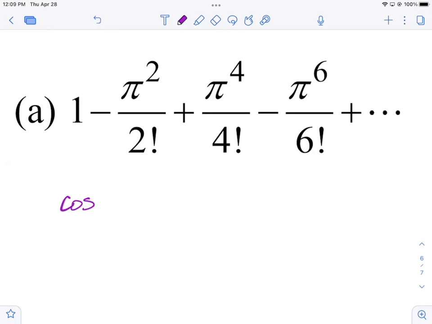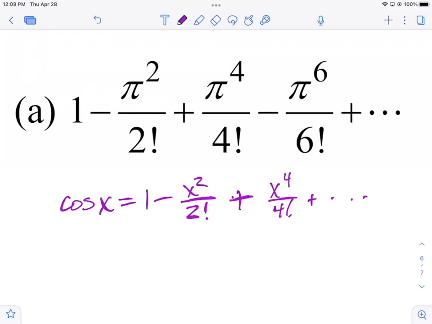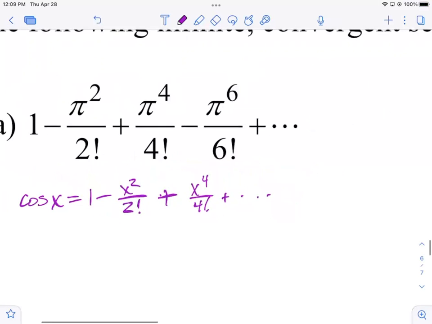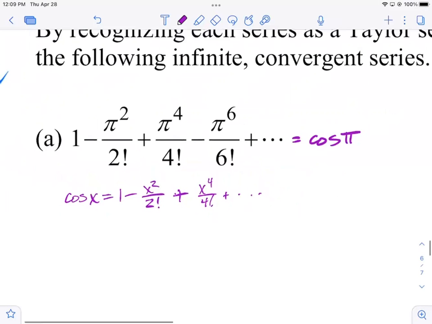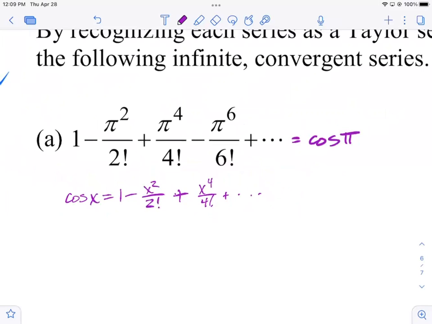So let's just review that. Cosine of x was 1 minus x squared over 2 factorial plus x to the 4th over 4 factorial minus dot, dot, dot. So really, this is nothing more than cosine of not x, but cosine of pi. And what is the value of cosine of pi? No, -1. And that's the answer.